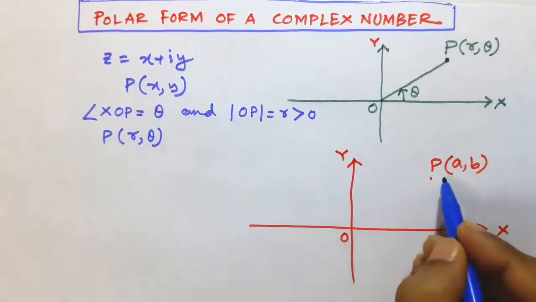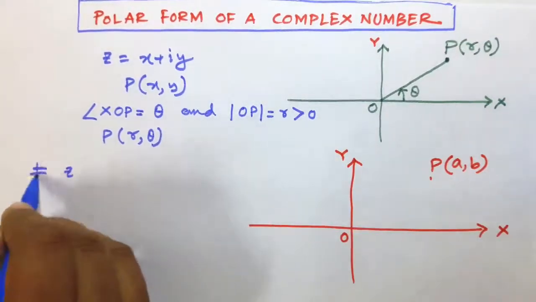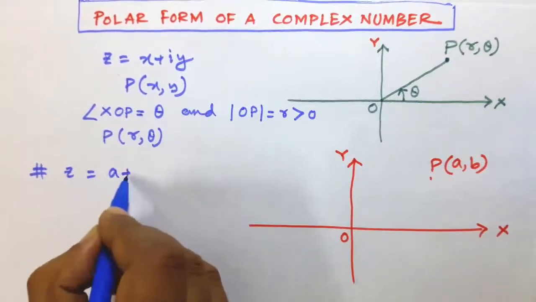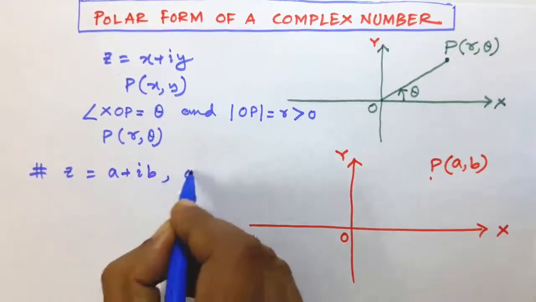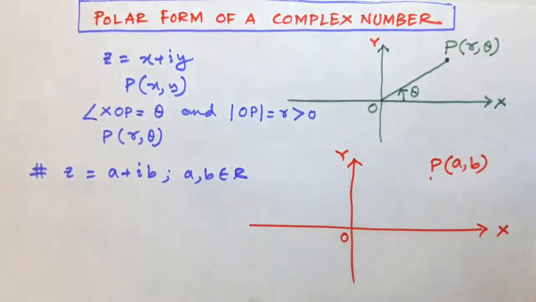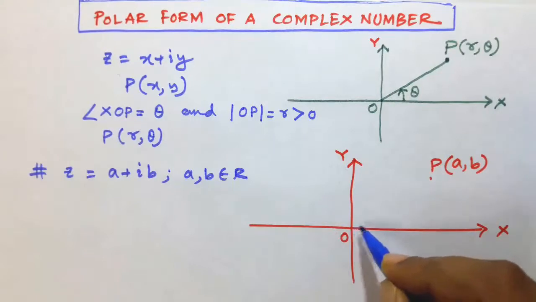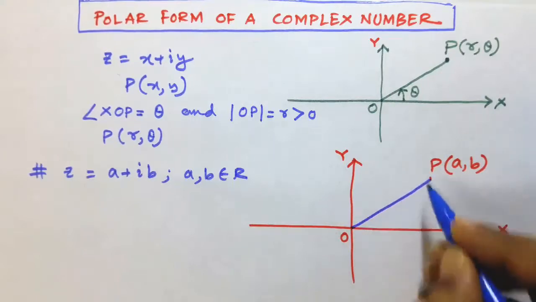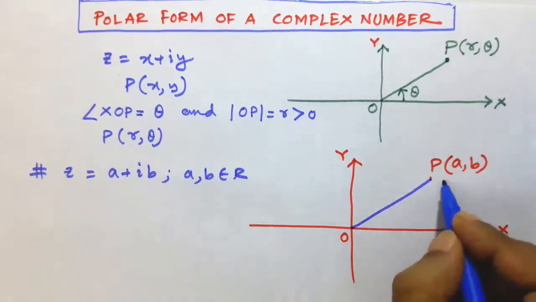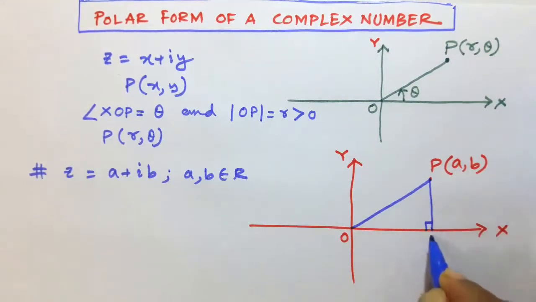We write this point in complex form, say z is equal to a plus ib, where a, b belong to R. Now we join the point O to P. We draw another perpendicular from the P on the x-axis. So this is PM.